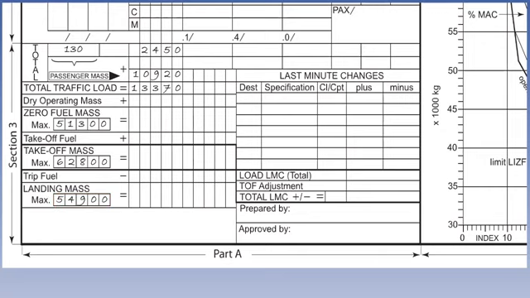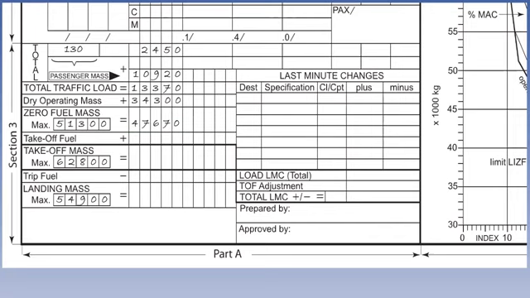The next step is to enter the dry operating mass, 34,300 kilograms, and add it to the total traffic load, 13,370 kilograms, to give a zero fuel mass of 47,670 kilograms.